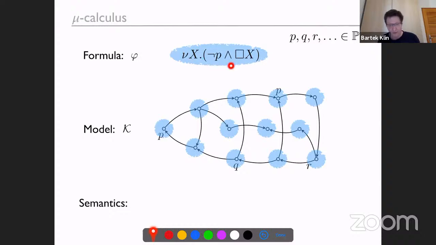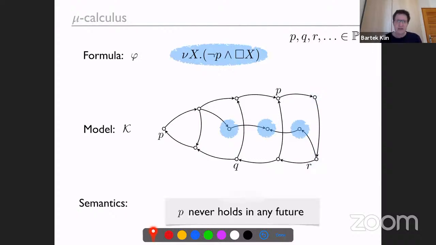So for example, this formula actually turns out to be the negation of the formula that I showed you on the previous slide. And it is also calculated by a fixed point construction, except that now it is the greatest fixed point. So I start with assigning X to be the property that is satisfied everywhere, and then I decrease my semantics so that it becomes this.